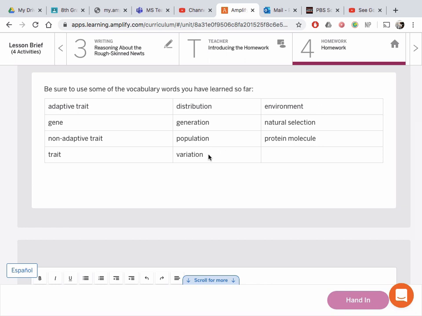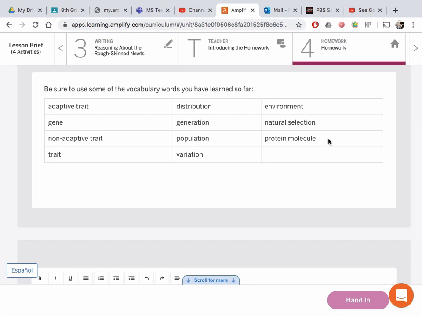Variation. So the newts had variation in the levels of poison 50 generations ago. They had a certain distribution 50 generations ago, and the distribution has changed over 50 generations. They have a gene, I'm sure, for TTX poison.